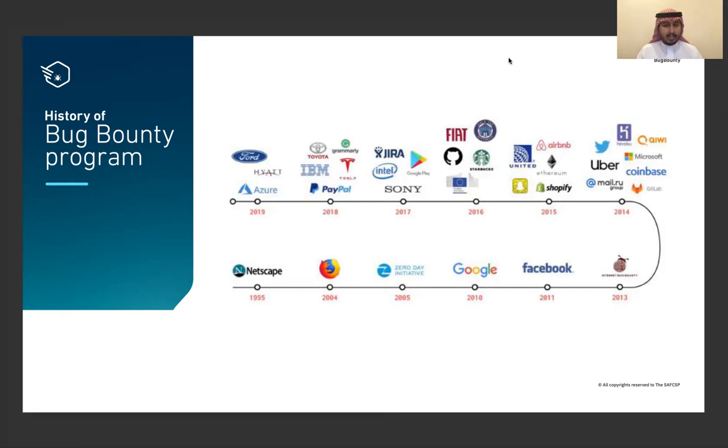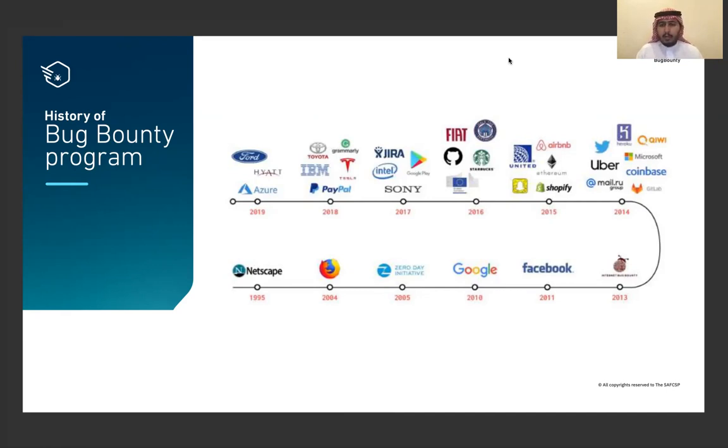And we see that giant tech companies like Google and Facebook started to adopt this practice in 2010. And we will talk about the main numbers about these companies and their participation in bug bounty.